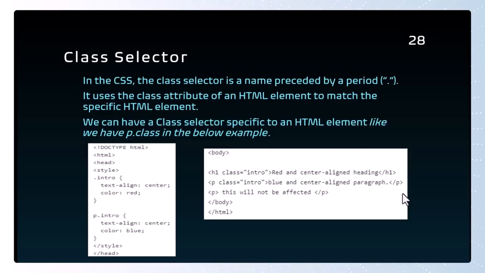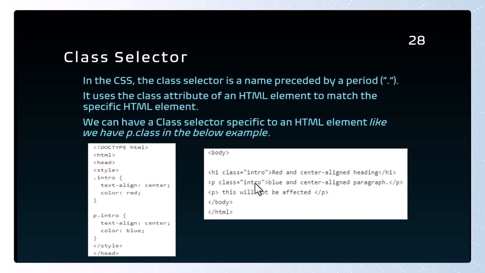It uses the class attribute of an HTML element to match the specific HTML element. More than one element can belong to the same class. So you could have, in this example, an H1 with a class intro and a P with a class intro.